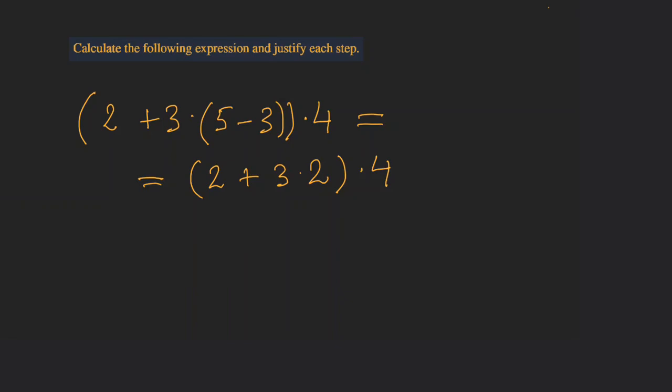Since multiplication has priority over addition, this equals 2 plus 3 times 2 is 6, times 4, which equals 2 times 6, 2 plus 6 is 8, times 4, which is 32.